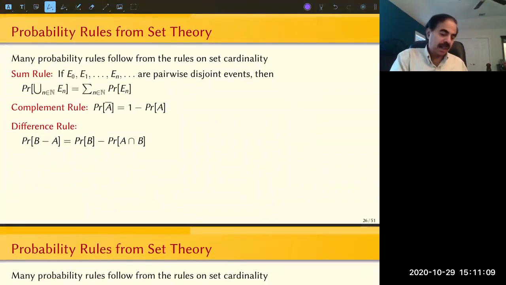Okay, so same way if you take B minus A, once again, right?